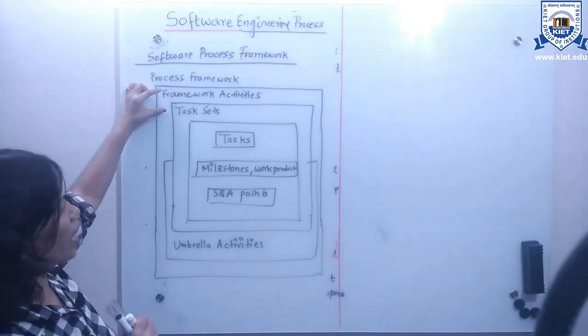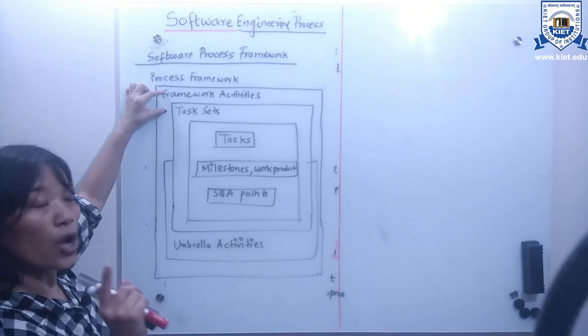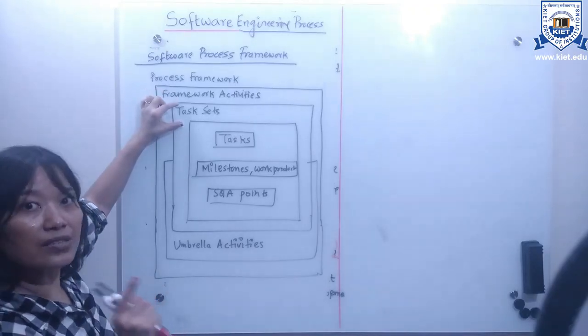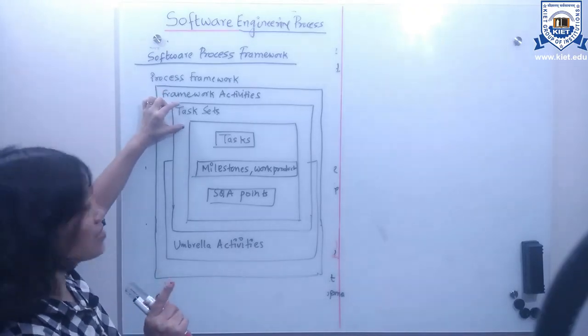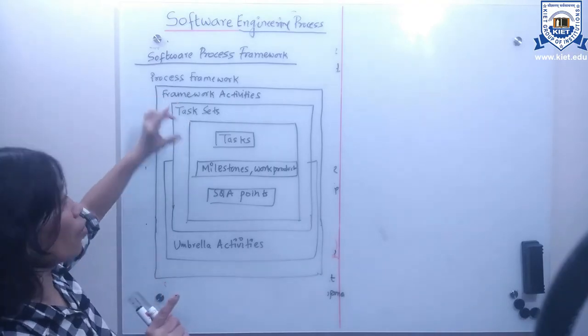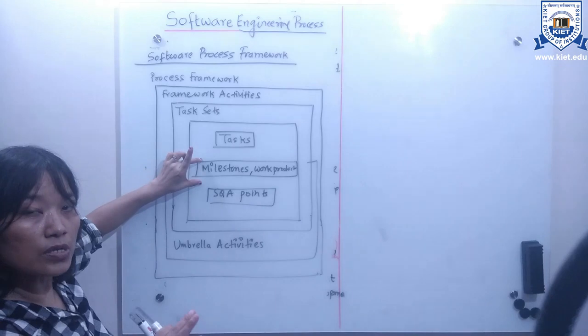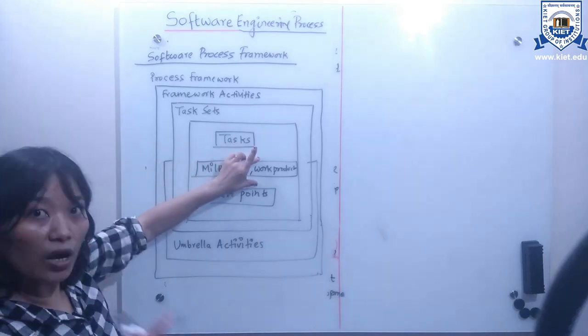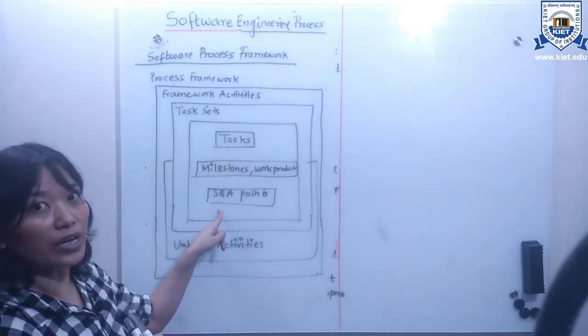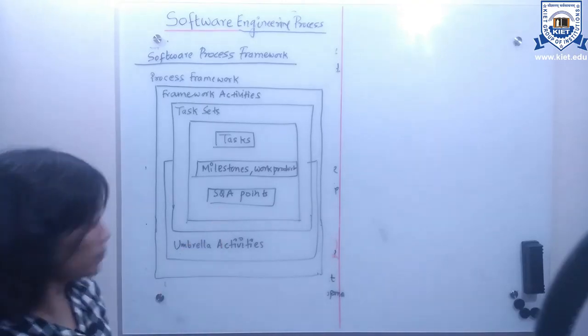As you can see, the framework activities include task sets, and task sets consist of small work tasks, work milestones, work productivity, and software quality assurance points.